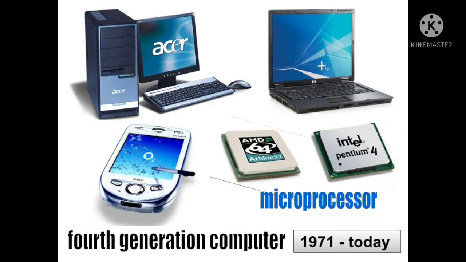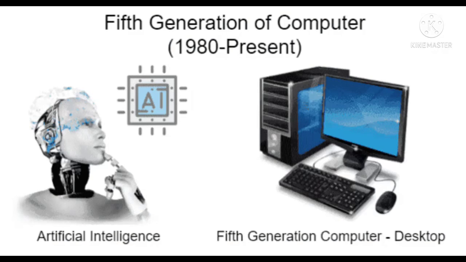Now we will move to the next generation, the last generation of computers, that is fifth generation of computers based on ULSI microprocessor and artificial intelligence. In this generation of computers, the artificial intelligence, AI, concept is adopted.